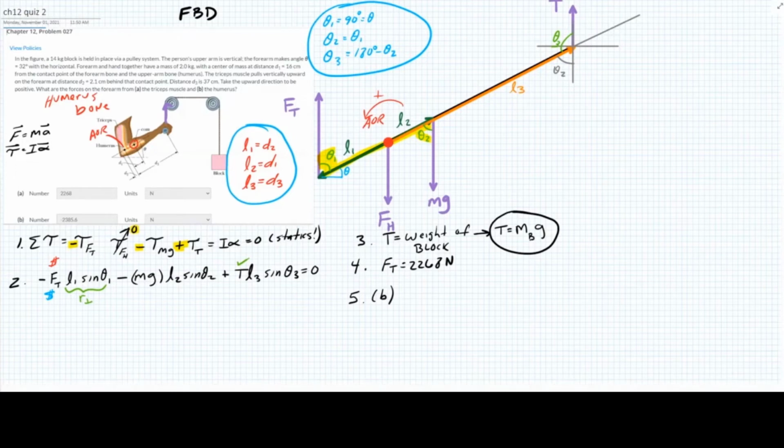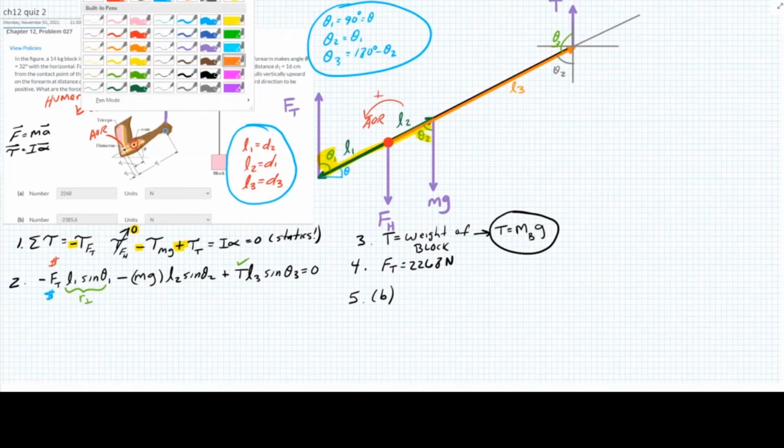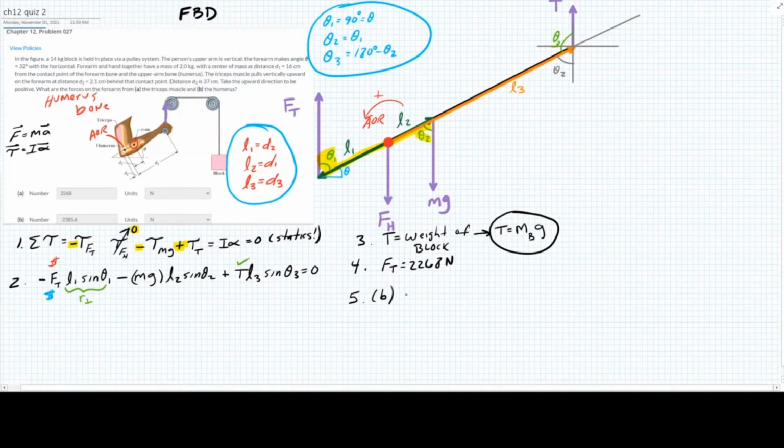That is part B. And for that, I'm going to do a Y force inventory. This is saying F subscript H is the dollar sign. So I'm going to do sum of all Y forces.